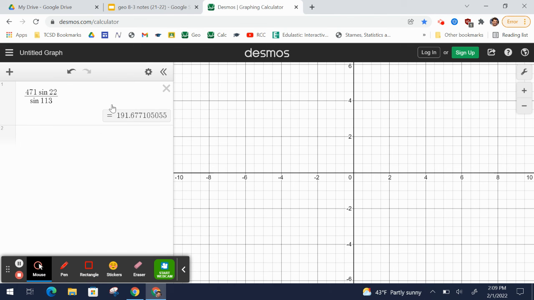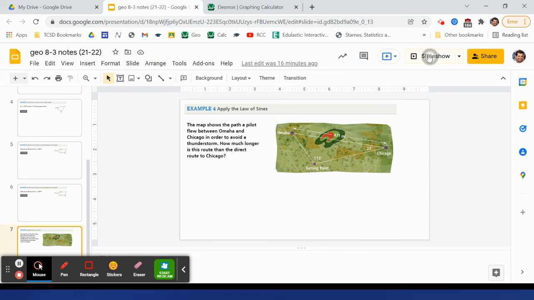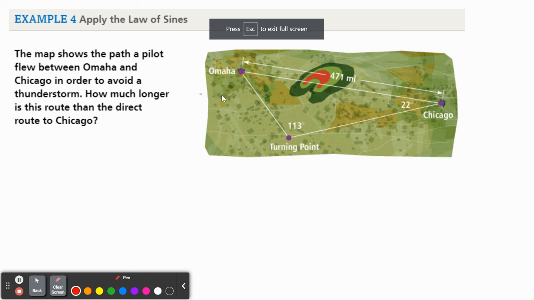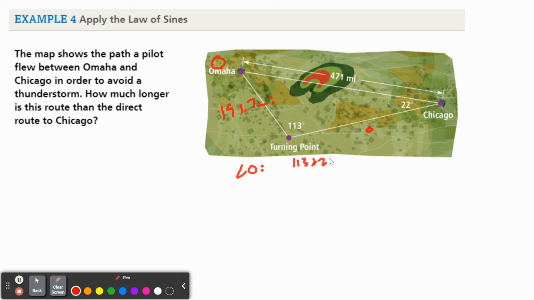All right, so I'm going to clear that, go back to the problem in here. And again, we're going to call this 191.7 miles. And now we need to find lowercase o. We can find angle O by taking 113 plus 22 to get 135 and subtracting that from 180 to get 45 degrees. So I know that the measure of angle O is 45 degrees.